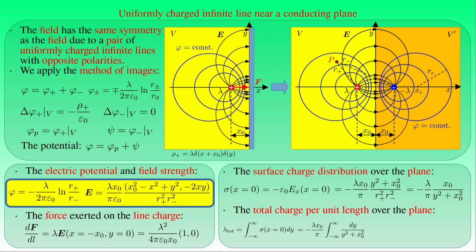By factoring x0 squared out from the integral and substituting the variable y of the integration by y over x0, we perform the integration, which gives lambda times x0 over pi, times the primitive function 1 over x0 times the inverse of tangent y over x0 evaluated at the limits minus infinity and plus infinity. The evaluation of the primitive function gives minus lambda, that is, the total charge per unit length on the plane is just equal to the image charge.